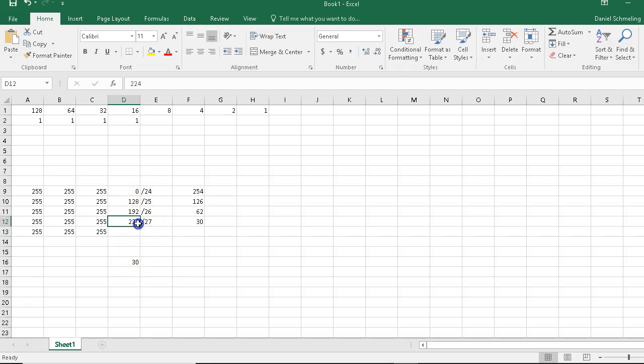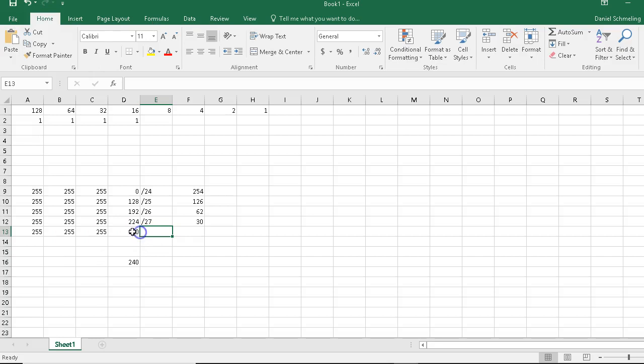So we need to add 16 to this, which would be what? Equals 224 plus 16, 240, /28.